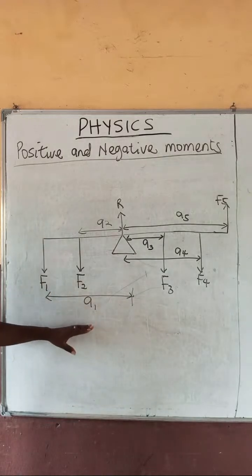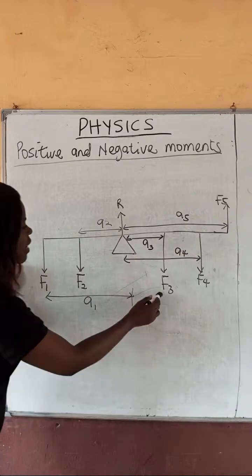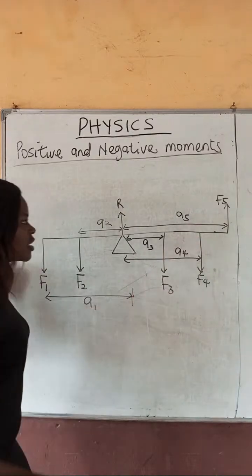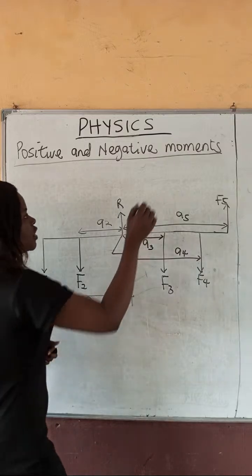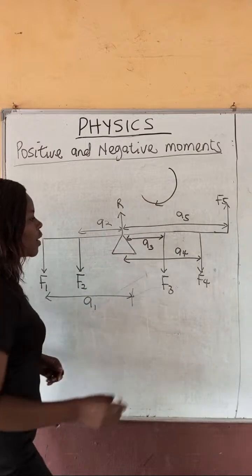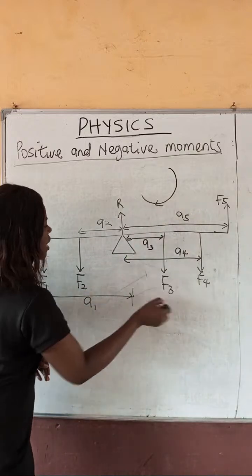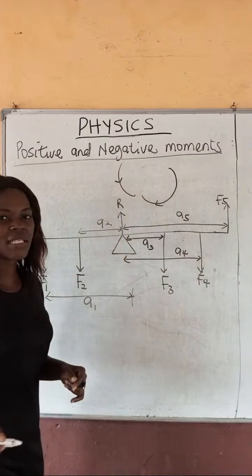Now, if you have this moment, this is F1, F2, F3, F4, and F5. Which one is clockwise? Which one is anti-clockwise? Following the way in which your clock rotates, it is clockwise. Okay? If you go this direction, it's clockwise. But if you go this direction, it is anti-clockwise.